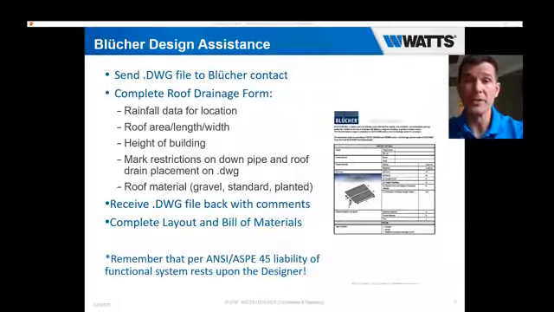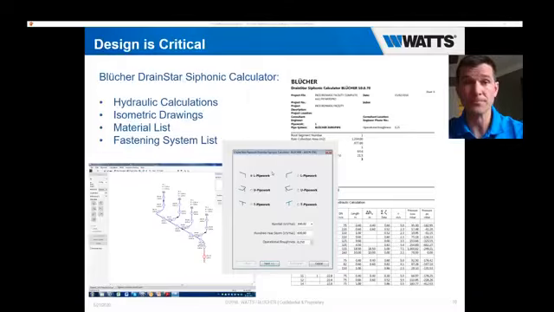Noting the material, we put this into our system, and you get back a drawing with any comments, replies, whether it will work or won't, along with the layout and bill of materials.